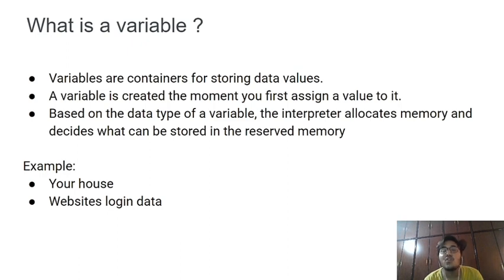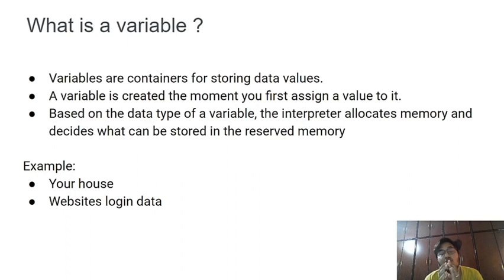You don't need to declare any variable before you use it. You can directly assign a value to the variable, and automatically the interpreter will allocate the memory based on the assignment, and the value will be stored in that allocated memory.